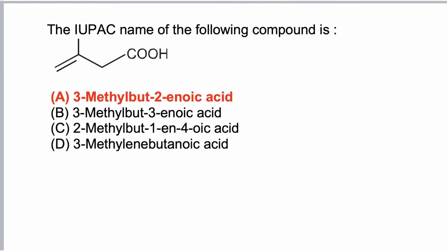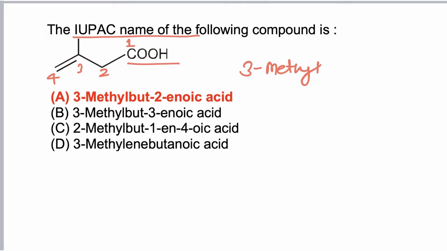In this question, we have to find the correct IUPAC name of the given compound. Now the COOH group is present, which is the principal functional group, and if carbon-containing principal functional groups are present, then we have to start naming from this carbon. So 1, 2, 3 and 4. Now methyl is present at the 3rd position, hence the name of the molecule is 3-methyl.